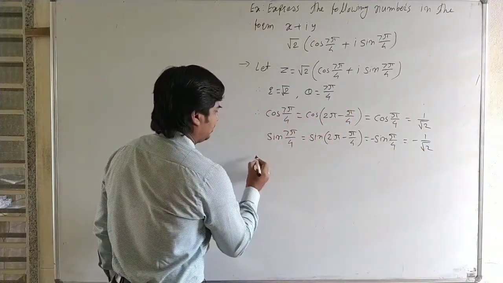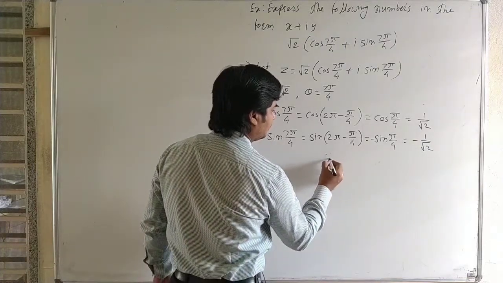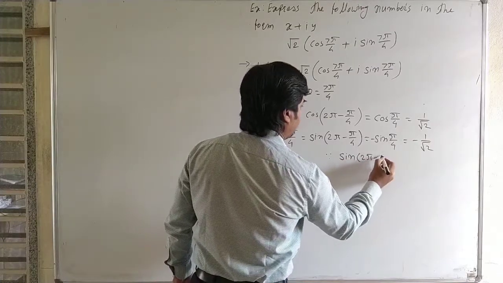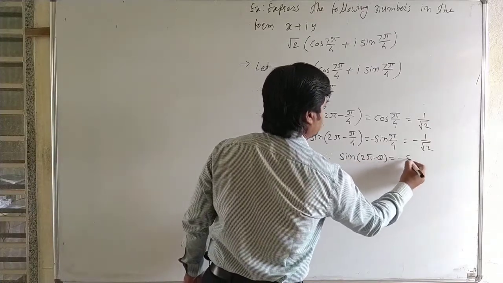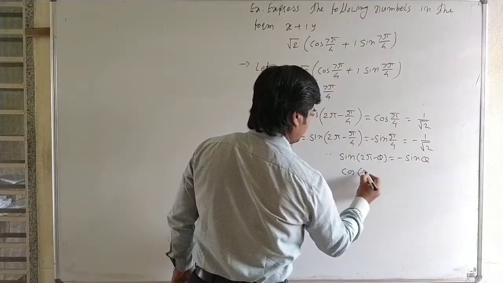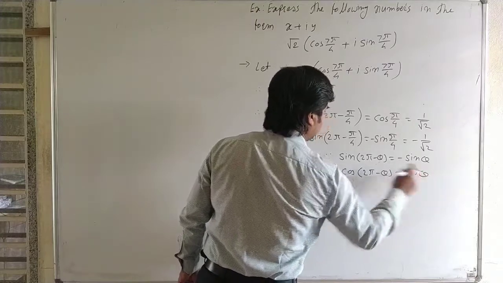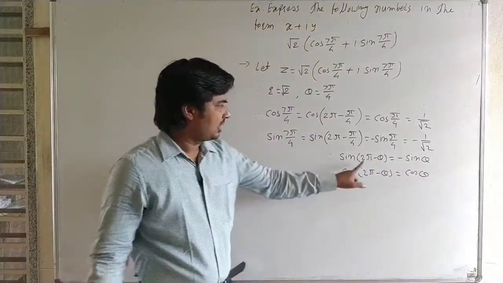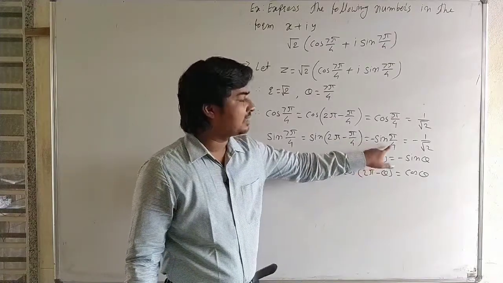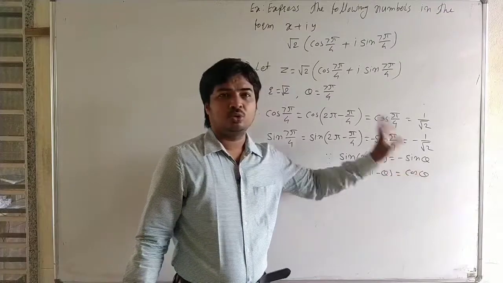Here we use the formulas sin of 2 pi minus theta is equal to minus sin theta, and cos of 2 pi minus theta is equal to cos theta.